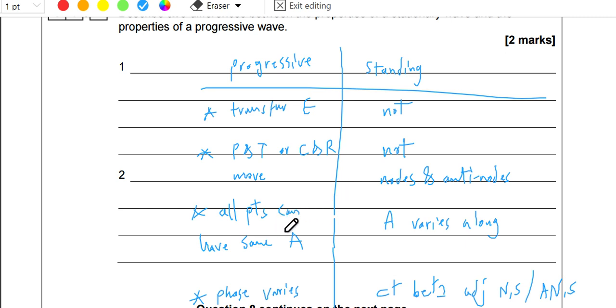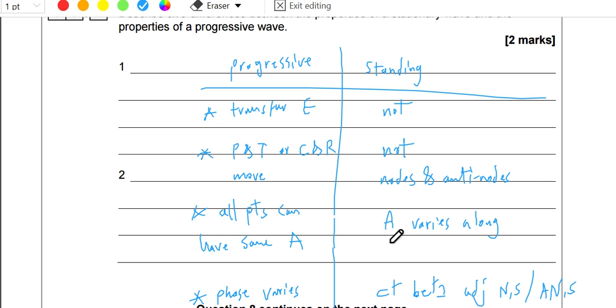We can say also that all points can have the same amplitude at some time, but amplitude varies along the wave. All points cannot have the same amplitude with time.